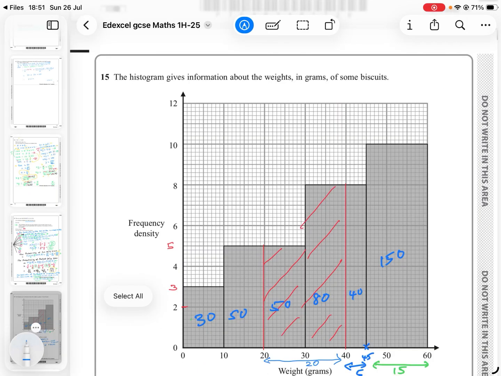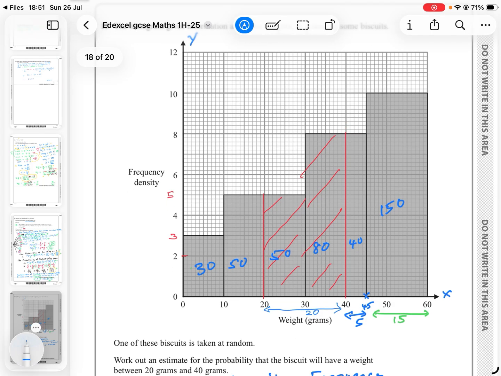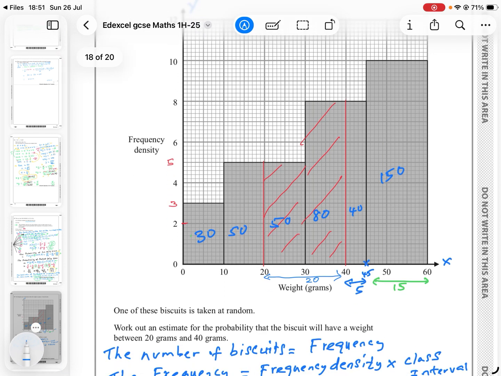Hi, I'm going to walk through question 15. The histogram gives information about the weights in grams of some biscuits. On the y-axis is frequency density and on the x-axis is weight. One of these biscuits is taken at random. Work out an estimate for the probability that the biscuit will have a weight between 20 grams and 40 grams.